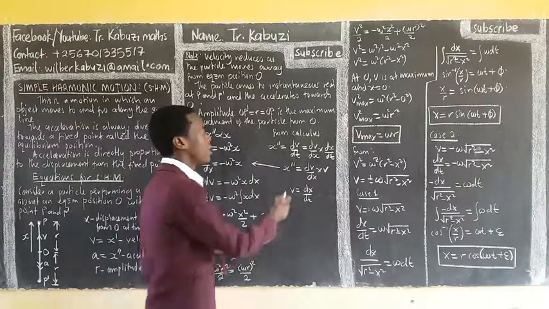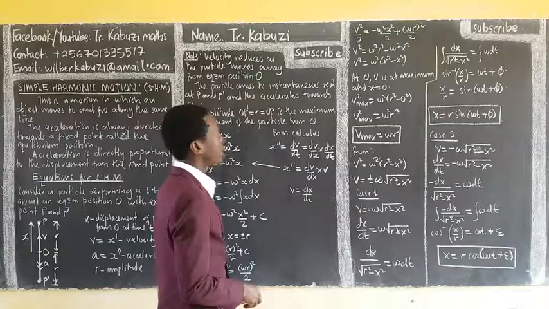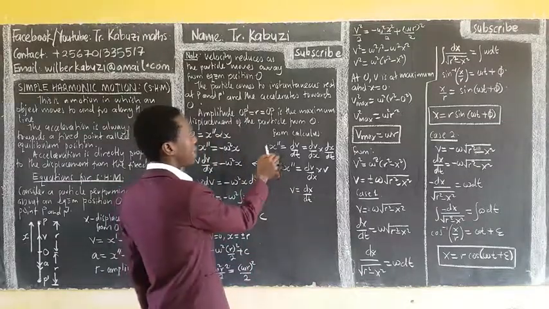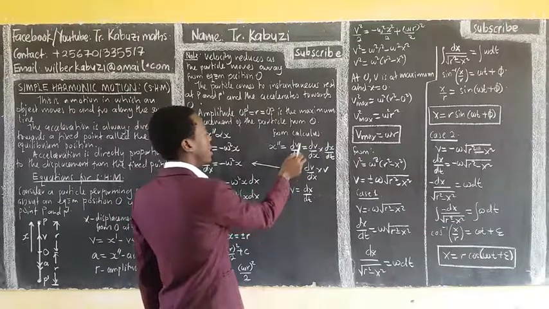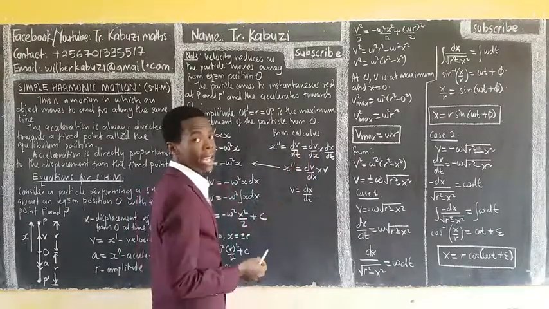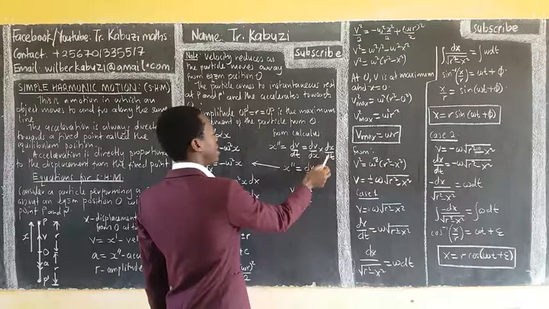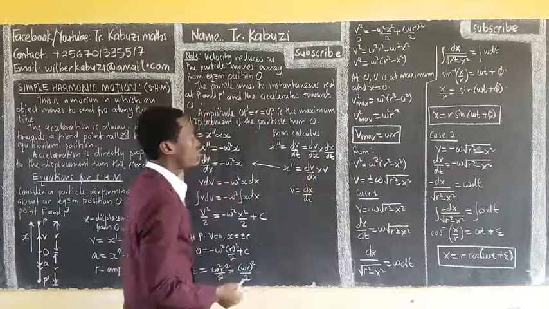We said also the same acceleration is equal to differentiating velocity with respect to time. Because I'm having this as a function of x, the displacement, I can use the chain rule so that this is going to be dv/dx times dx/dt. And so when I simplify this, it is going to be equal to that.